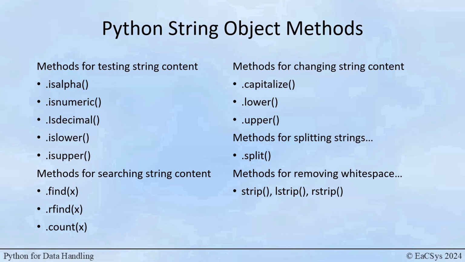We'll begin to talk about some string methods used to test the content of strings, tests which may be important when using strings in terms of data handling. And the methods we will learn to use are isAlpha, which tests if a string consists of only letters, and the isDecimal method, which tests if the string consists of only decimal characters.